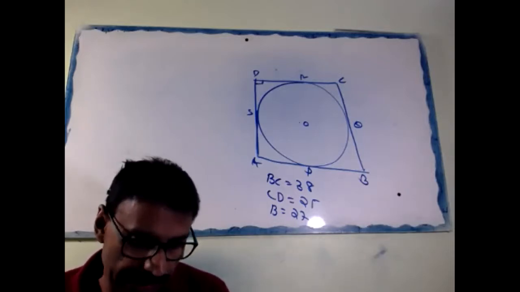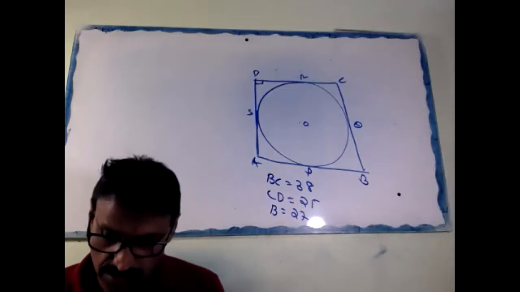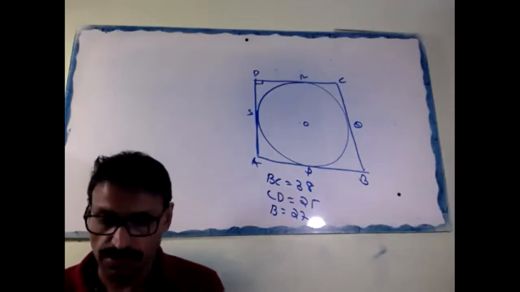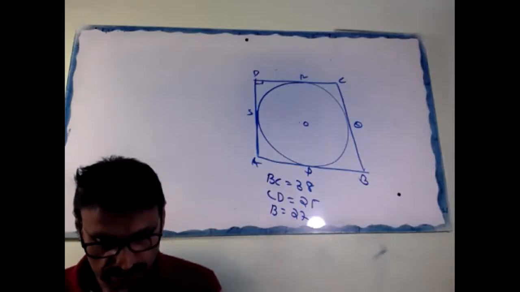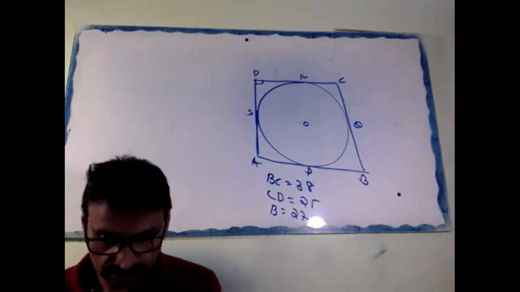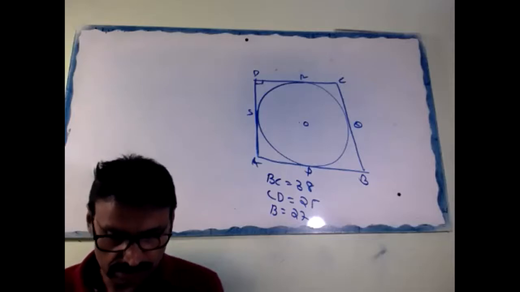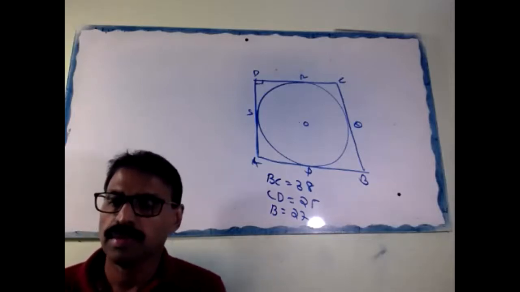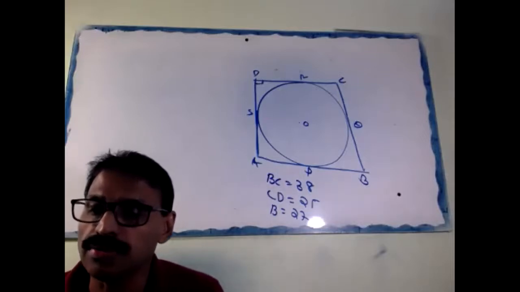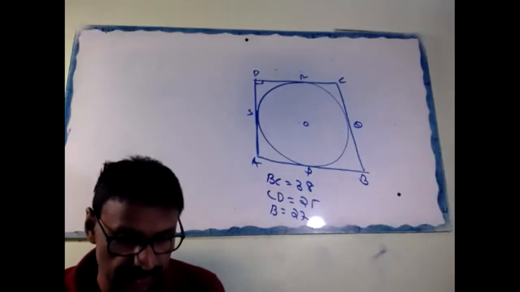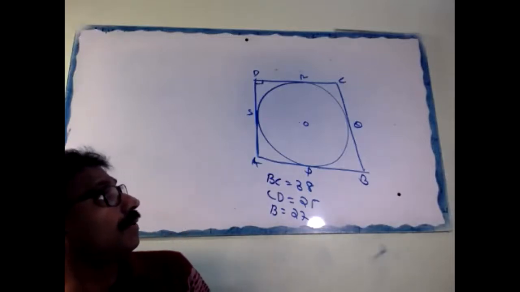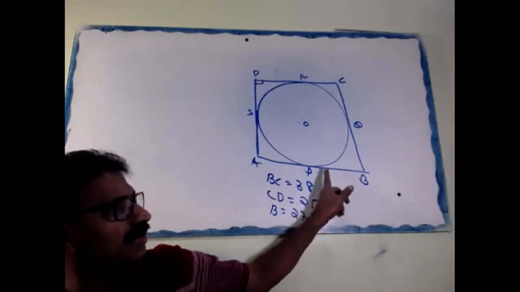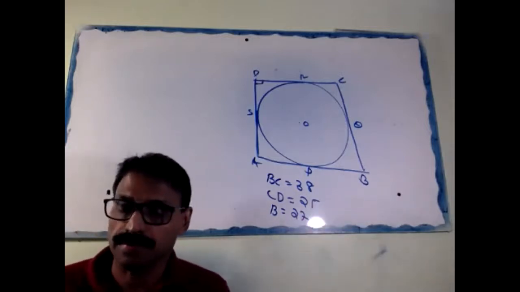You have to find the radius. Okay, come on, find out. Find out first. Which side is 27? 27 is BP.